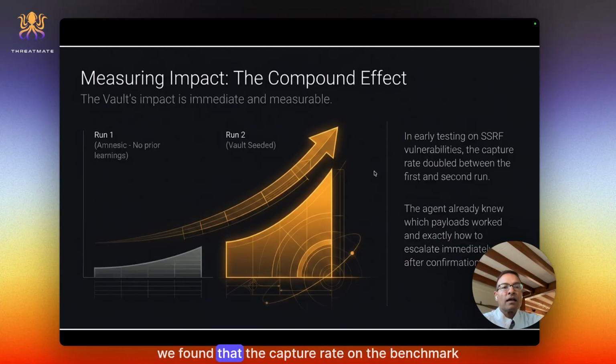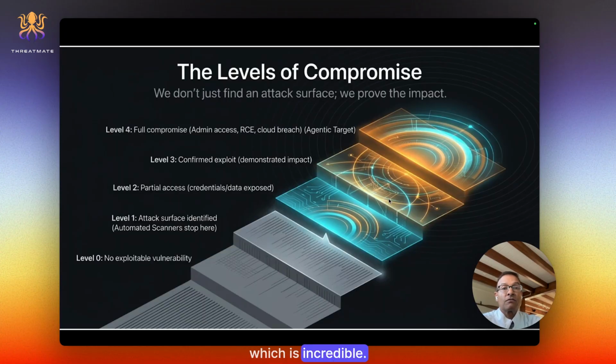We found that the capture rate on the benchmark actually doubled from the first run to the second run, because in the second run, the agent learned from what worked on the first run. And of course, eventually your gains will begin to level out, but you do continue to learn on every pen test, which is incredible.